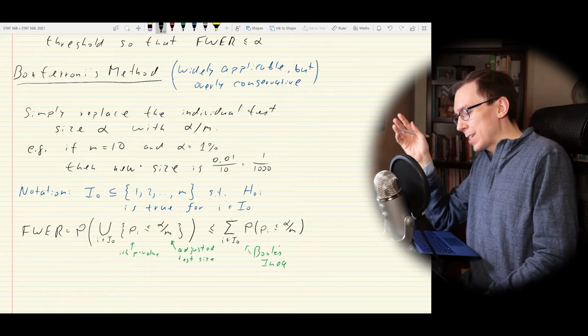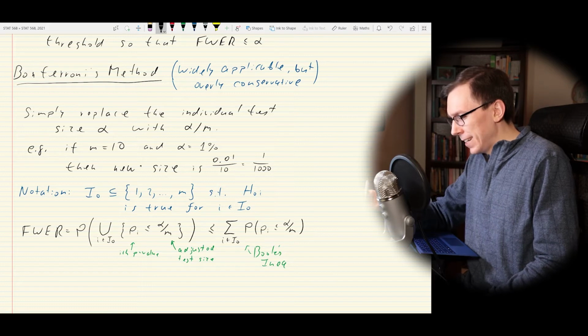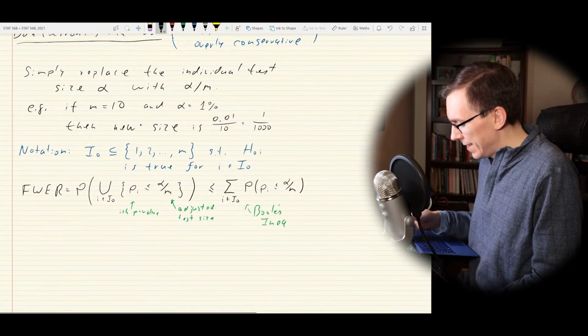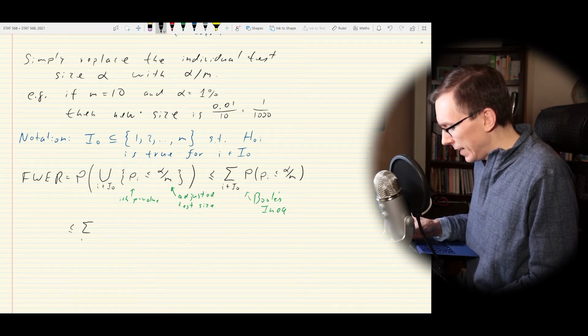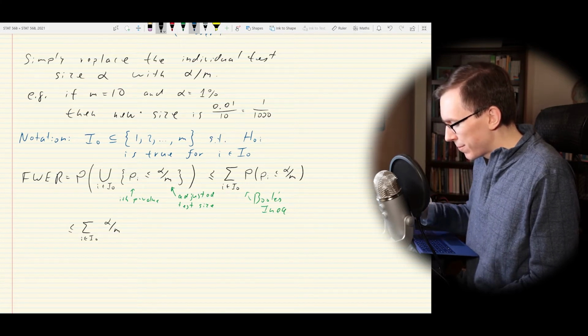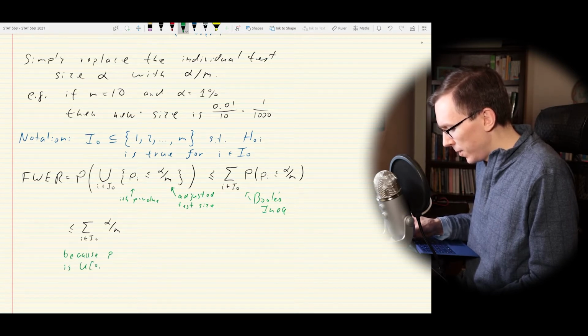But now we're just summing a bunch of probabilities, and what we can get is that this thing is less than or equal to the sum over i in I naught of just alpha divided by m. And the reason for that is because p is uniform on 0, 1.